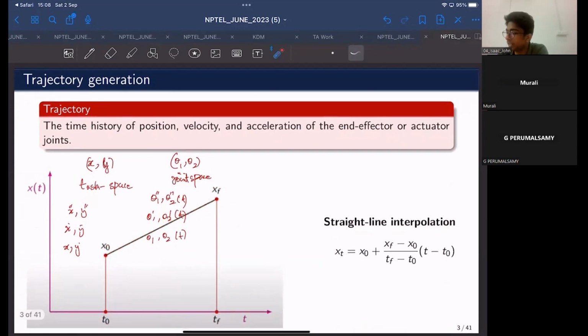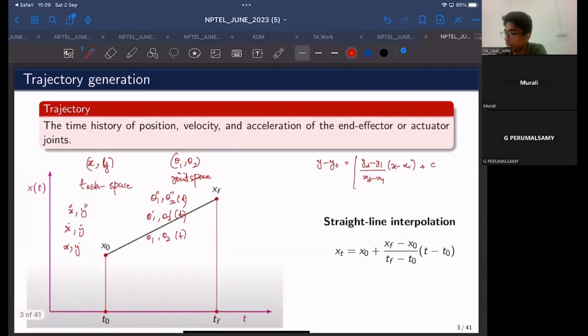So the basic straight line formula is given as this. This is nothing but an equation of a line, right? We all know from our high school classes what the equation of a line is. We have something like y minus y0 is the slope (y2 minus y1 over x2 minus x1) times x minus x0, plus some intercept c.